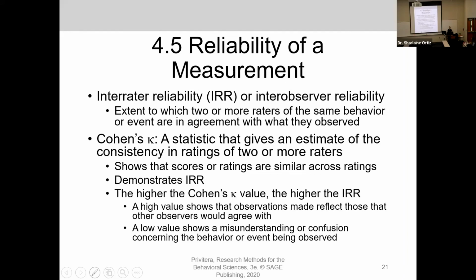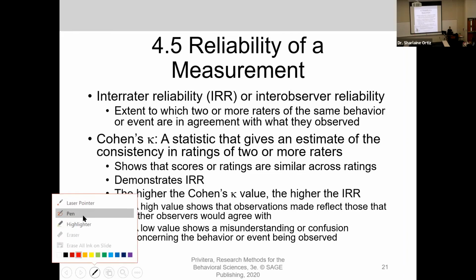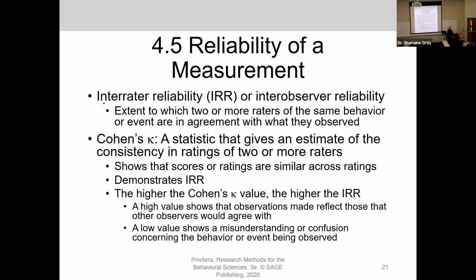Now, another method that we can utilize for reliability is Interrater reliability. Some people refer to it as inter-observer. I don't like that term personally. I prefer Interrater because I like the idea that somebody is rating the reliability. So I prefer this one, but it's also known as inter-observer. What is this type of reliability specifically?